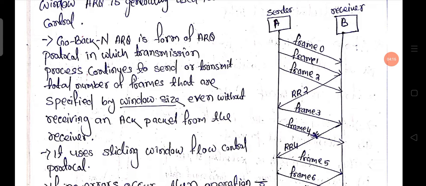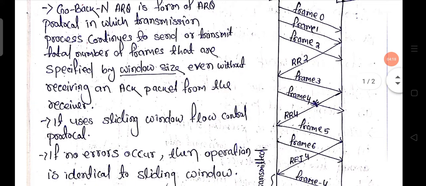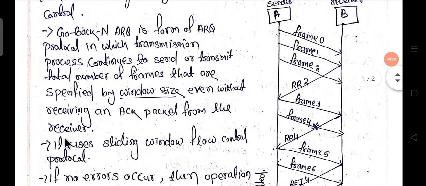You can see this in the diagram: frame 0, frame 1, frame 2. Let's say our window can take 3 frames. These 3 frames are transmitted one by one, not waiting for any acknowledgement.